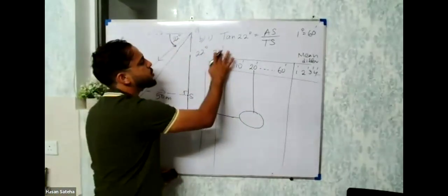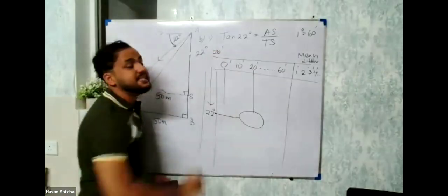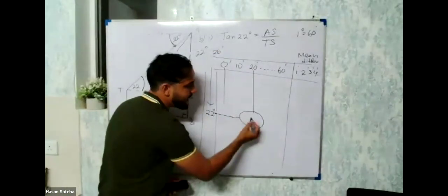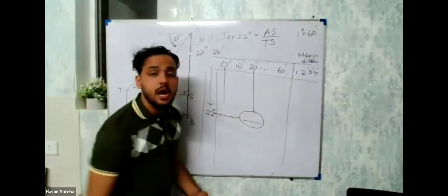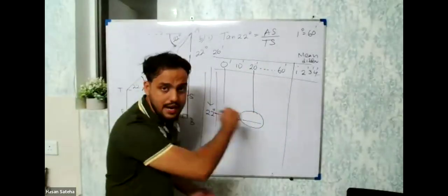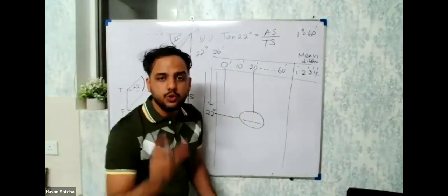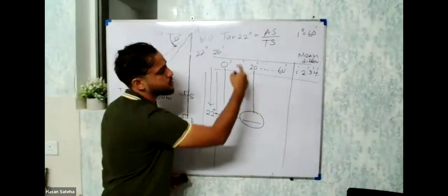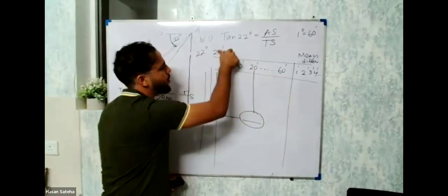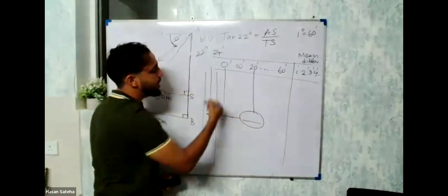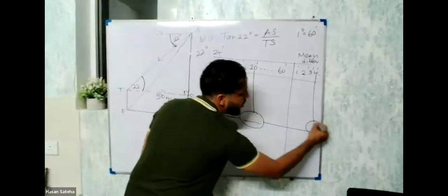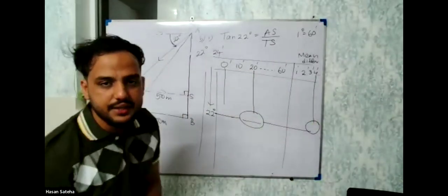Let's say you need 22 degrees and 24 minutes now. So what do you do? For 22 degrees, 20 minutes, you note down the value, and then you have 4 more minutes. In the same row, find the value of 4 minutes in the mean difference.